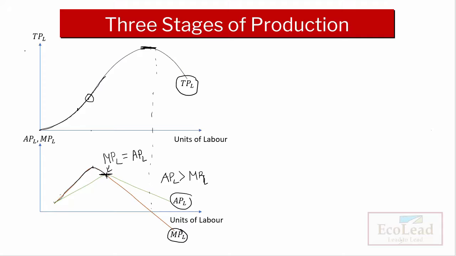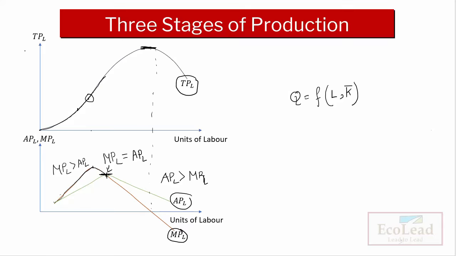Now the question is, why is the marginal product of labor greater than the average product of labor at the initial stage? This is because we have considered here the short run production function, and as I said, in the short run production function we consider only a few variables as variable and the other factors as constant. Here K, or capital, represents all the factors which are constant in the short run.